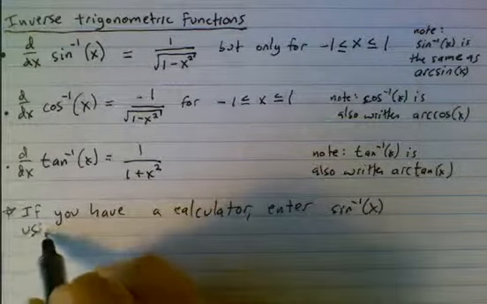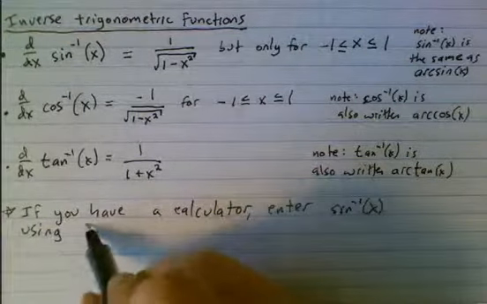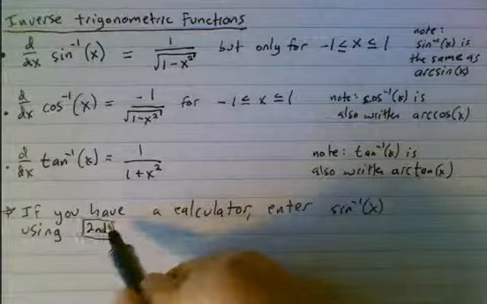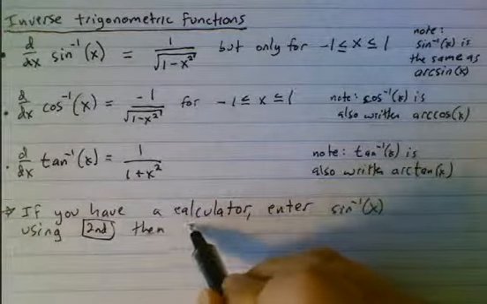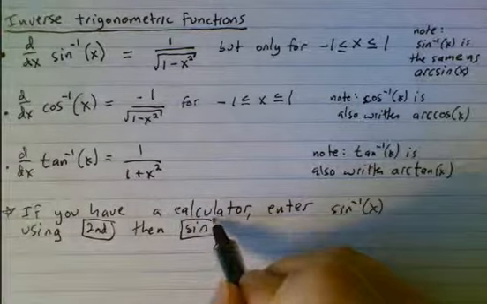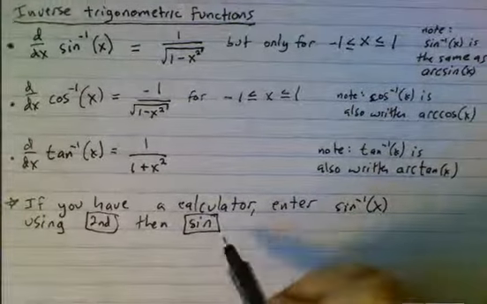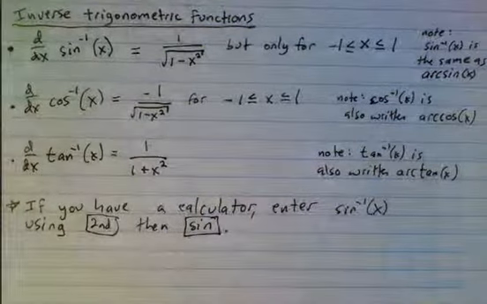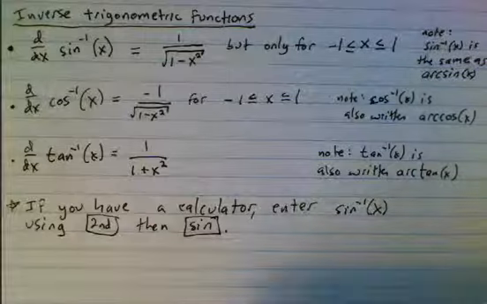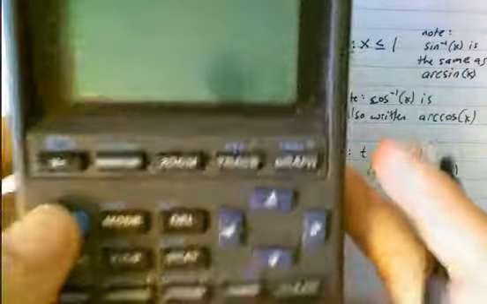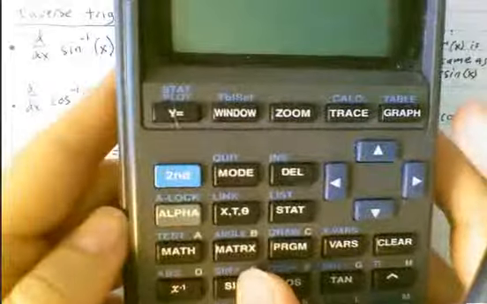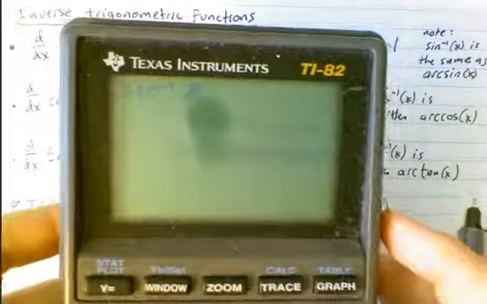You can do it using the second button, then the sine button. So that's right here. Second, and then sine. You want the little sine -1? There you go.